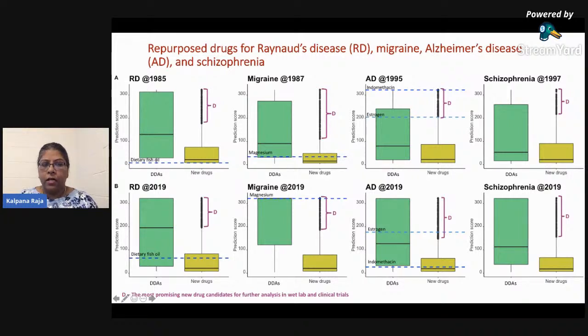These drugs are marked as D. And I compared the new drugs with the known drugs. The known drugs are shown in green color box, and the next one is the new drug, and on the top I'm showing the most promising new drug candidates for further analysis in the wet lab and clinical trials.